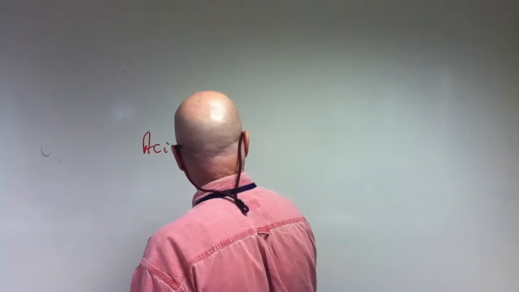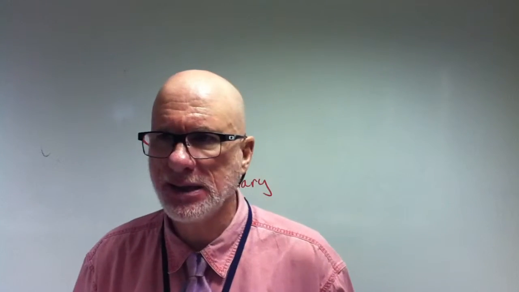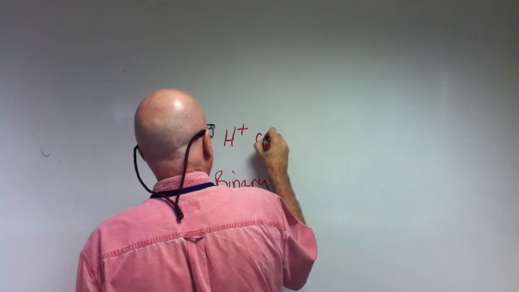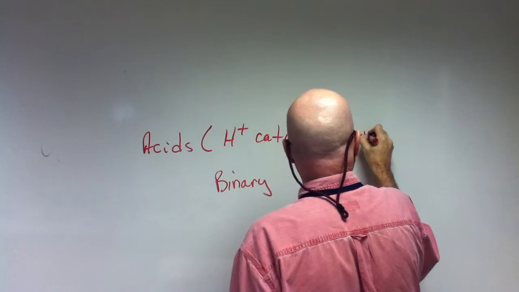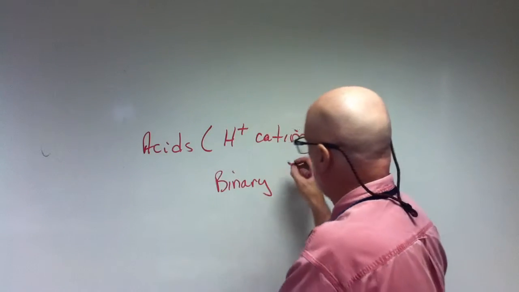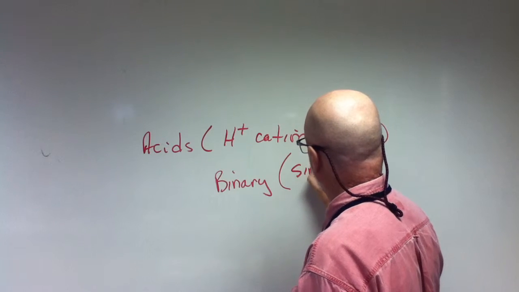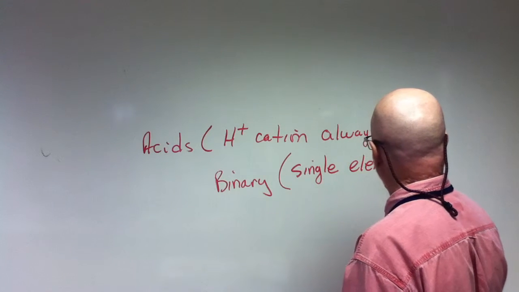There are binary acids. A binary acid means how many elements? Two, okay? Now, for a binary acid, you're going to have a single element anion.